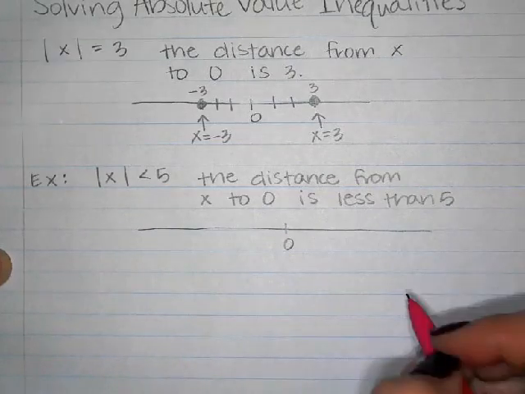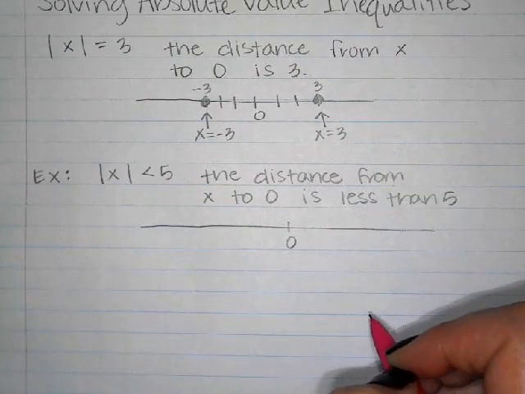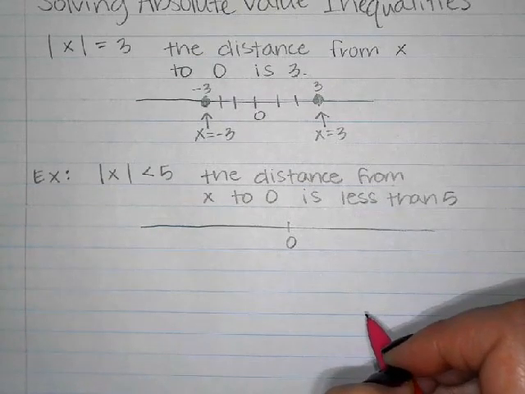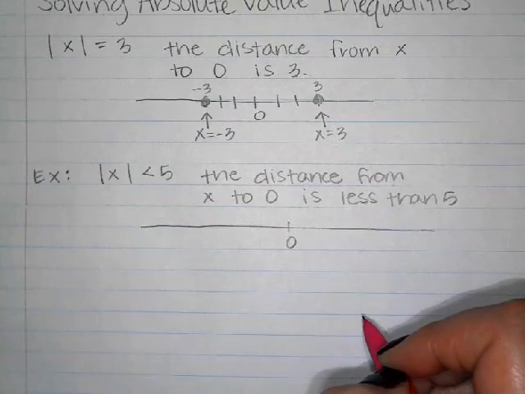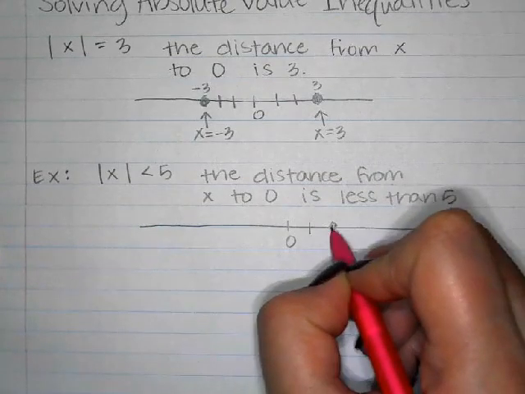Here's 0. Let's think of a number that x could be. Give me a number where the distance between that number and 0 is less than 5. 2. So the number could be 2.